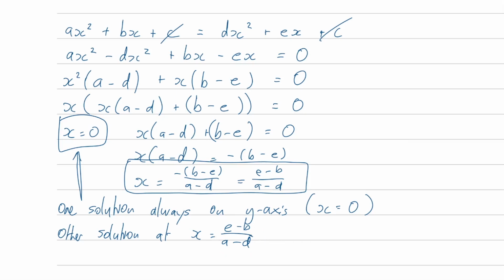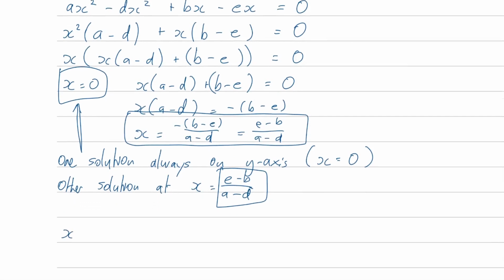What would make this expression here give us 0 or be undefined? Right? If it's 0, we already have a solution at 0, so it's not distinct. If it's undefined, then it's not a solution, and we still only just have one solution at x equals 0.